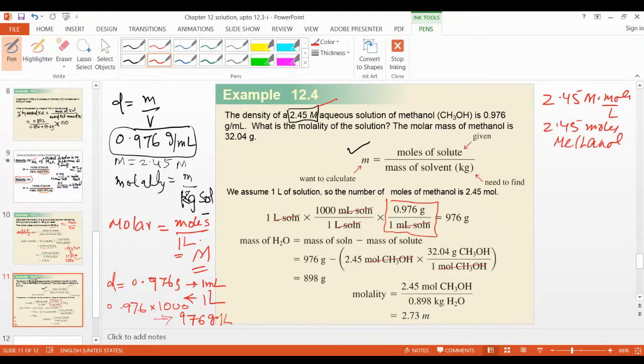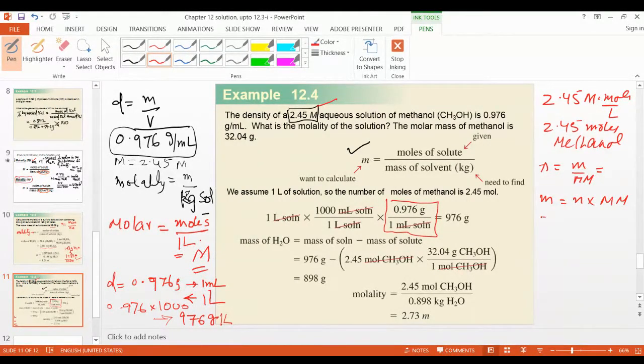If you know the moles of methanol, and you know the formula, mole is equal to mass over molar mass, right? So if you want to calculate mass, mass equals mole times molar mass.